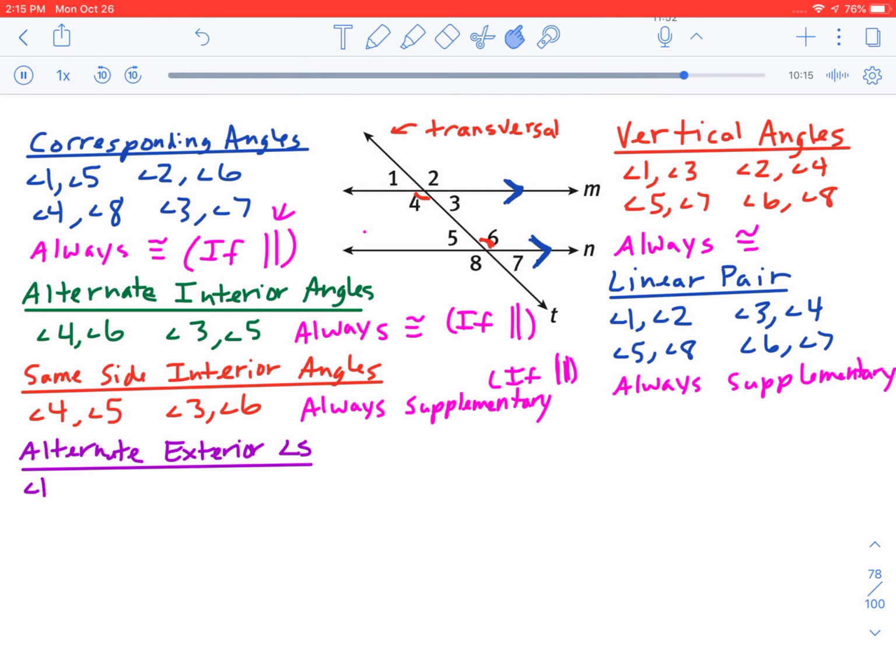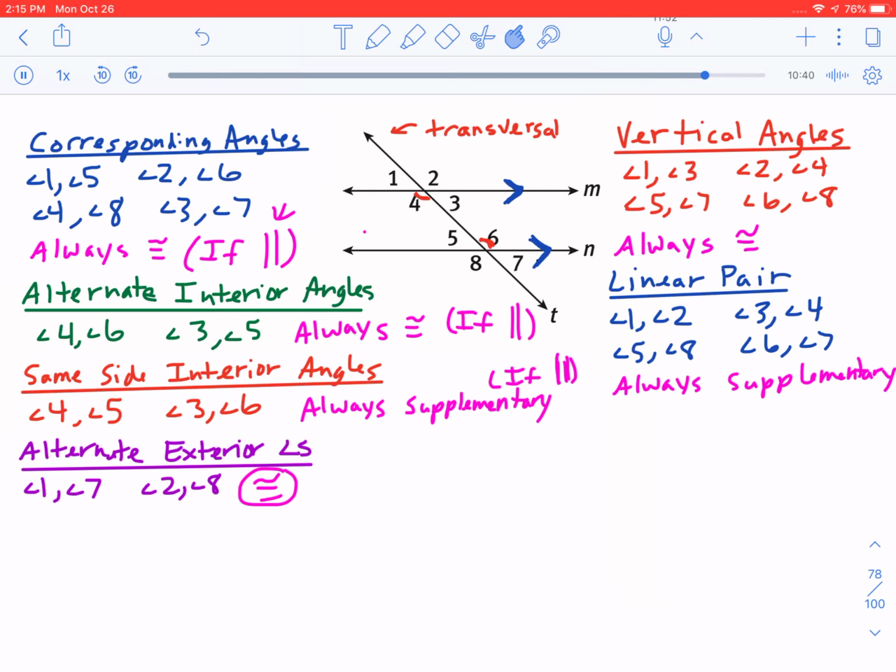So angle 1 and angle 7 are alternate exteriors, and angle 2 and angle 8. These are always congruent. I'm just going to put congruent. Please understand that the lines have to be parallel, just like normal, for these to work, okay?